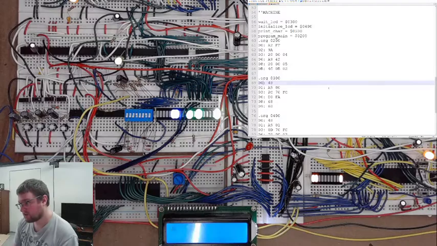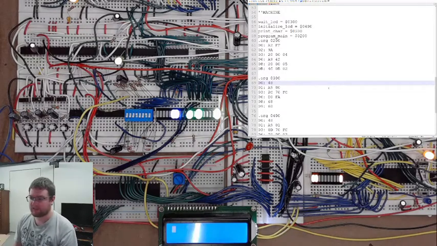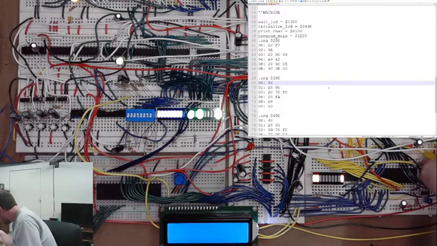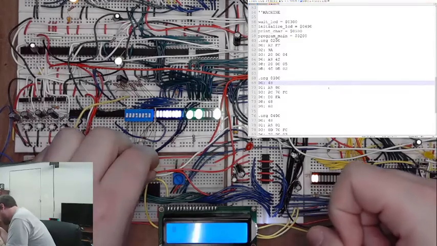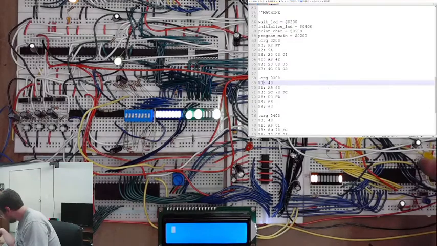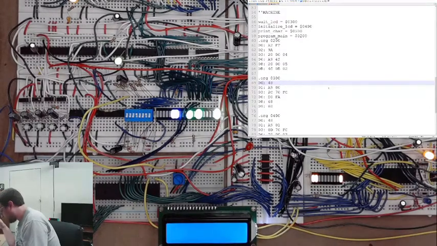I have half a mind to just let it clock itself at this point. But at this slower 1 second clock. Let's try it. That's what I say. Let's just try it. Let's see what happens. Go ahead and turn the RAM back on.